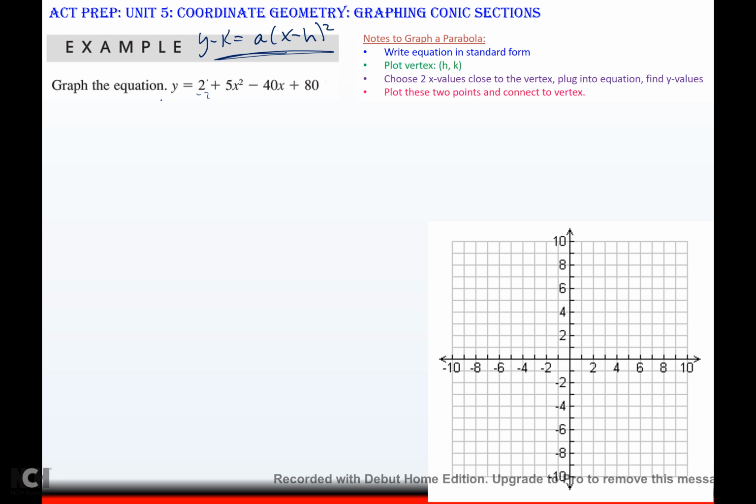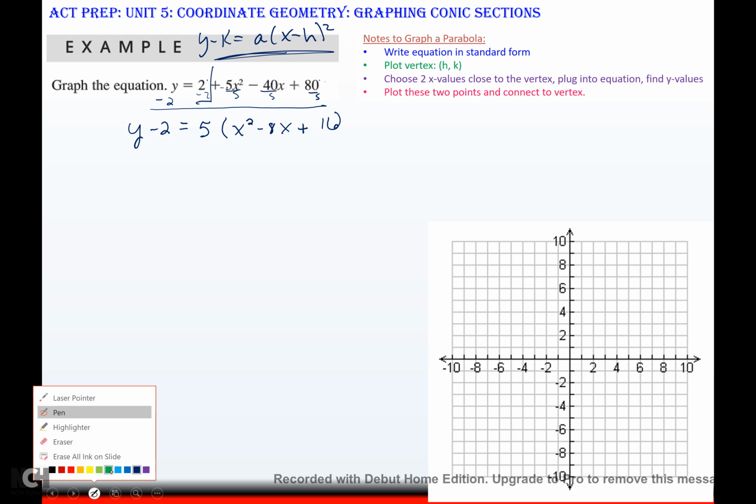So if I subtract the 2, I have y minus 2. And on this side, since that's gone now, all of these have a 5 in common. So I'm going to GCF a 5 out, which would leave x squared minus 8x plus 16. I just divided the 5 out of all of these. Okay, we're getting closer, but I need to make this trinomial a perfect square, and it is.